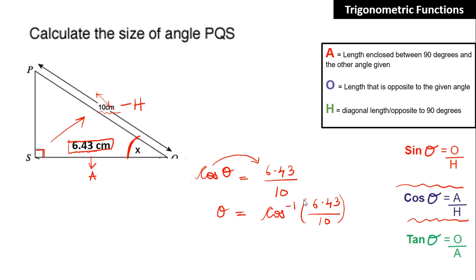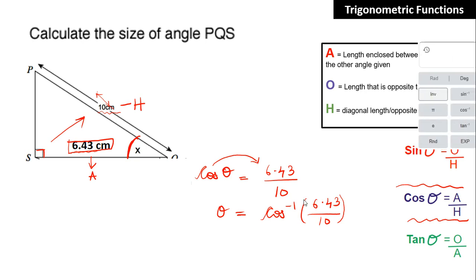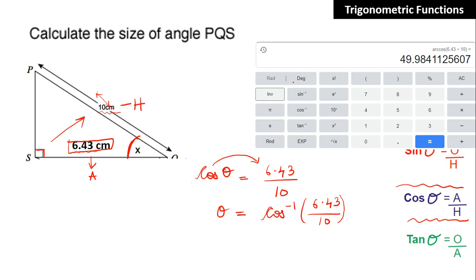So once I have theta equals cos inverse of 6.43 over 10, I can just check that out on my calculator. Make sure your calculator is set on degrees, and then you have to click inverse, the INV. Then out of the sine minus 1, cos minus 1, and tan minus 1, I'm going to be doing cos minus 1, that is the cos inverse.